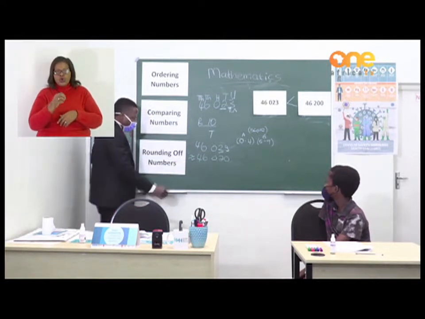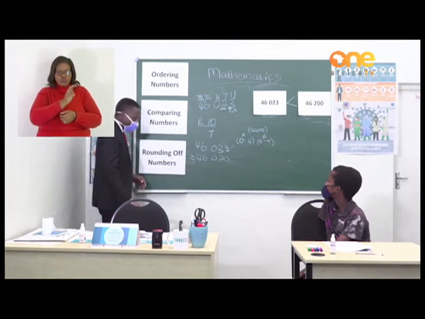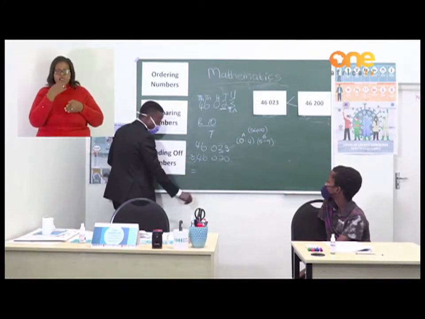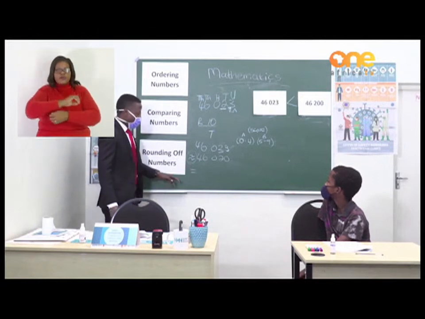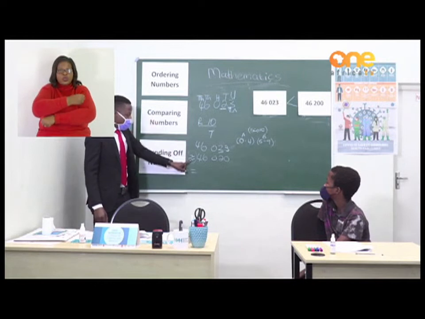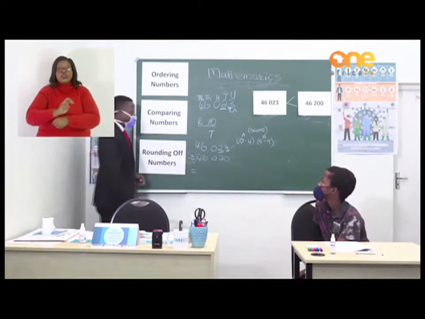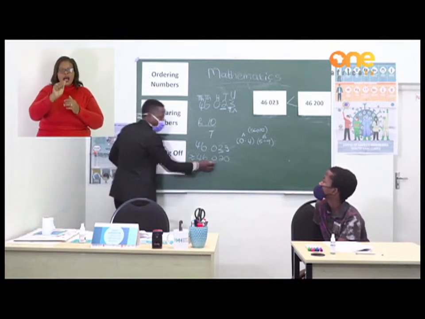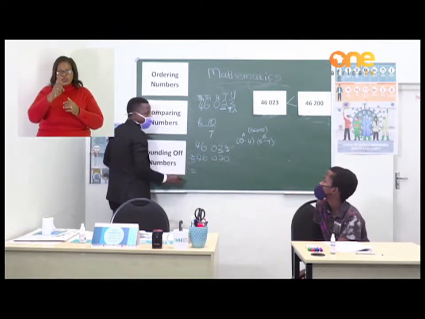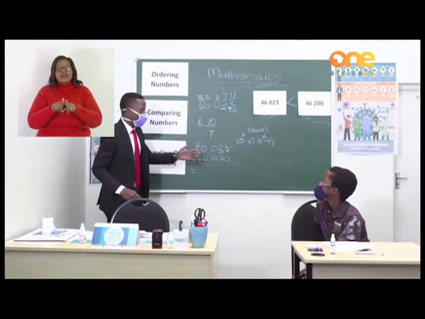Now, if you look at this sign which I just put here, it's not an equal sign. Remember about the equal sign. This is called approximation. This is not an actual answer. It's the same thing as maybe you are at home, you are asked to go buy bread.